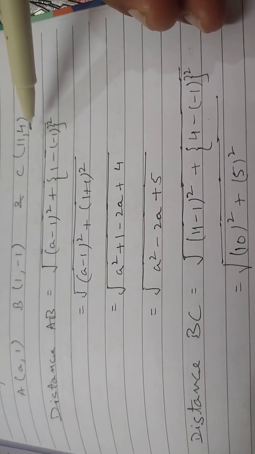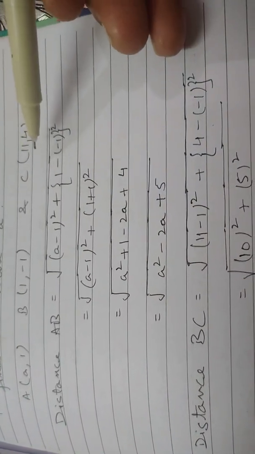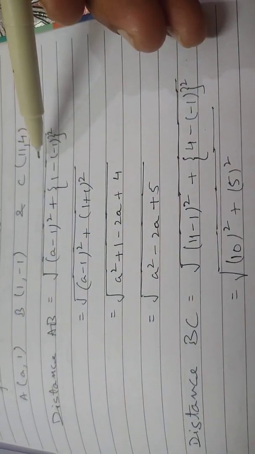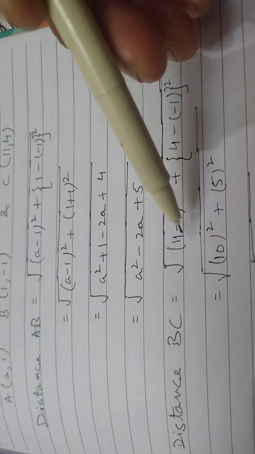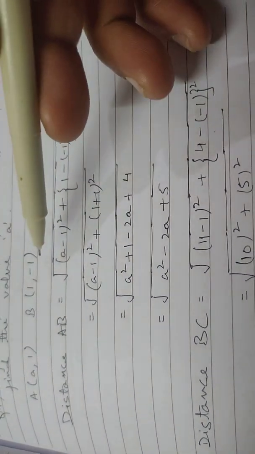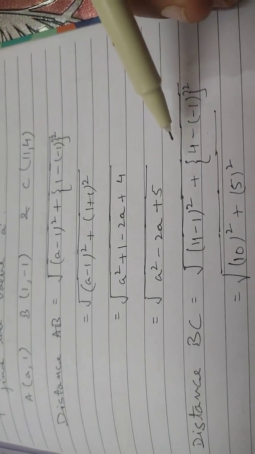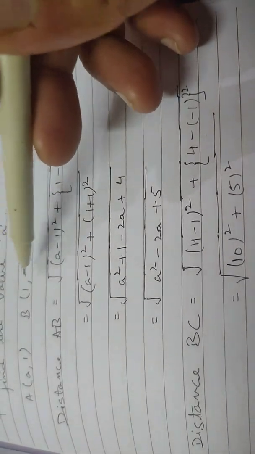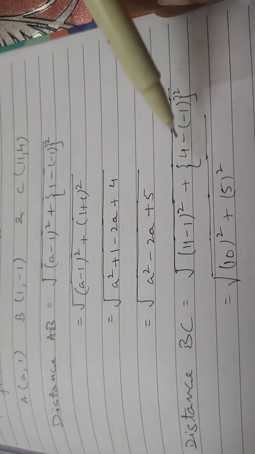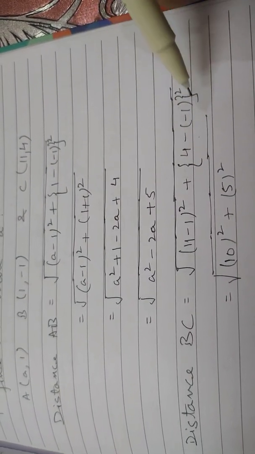You know the formula of distance. Under the root sign, you write (x2 minus x1) whole square. So x2 is 11 and x1 is 1, so it will be (11 minus 1) whole square plus y2 minus y1. So y2 is 4, then minus sign, and y1, which itself is a negative value, will be written inside another bracket. So it will be (4 minus (-1)) whole square.